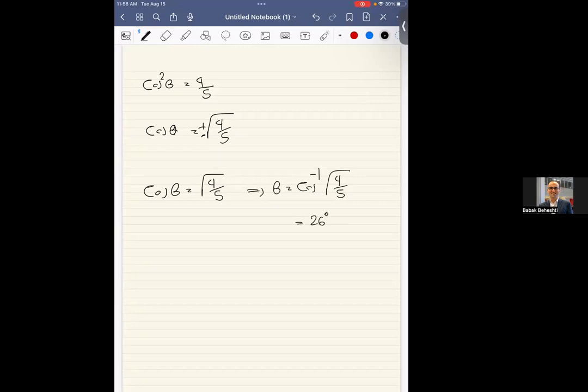Why did you put 2 brackets? Just to make sure everything is going to be good. This is about 26 degrees, right?